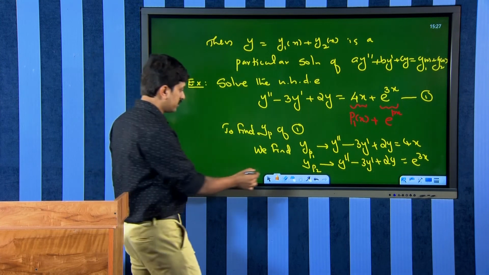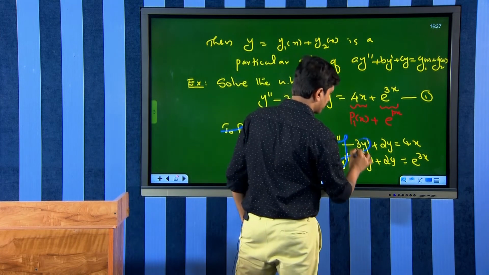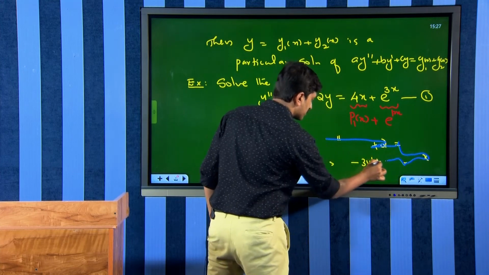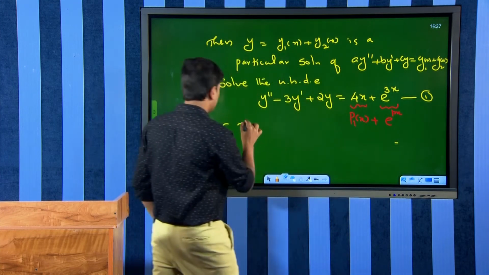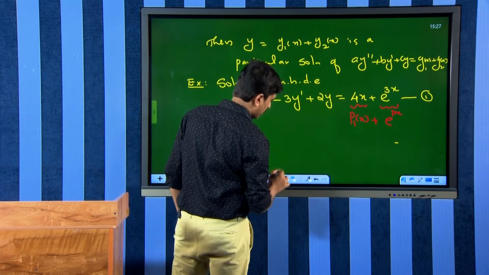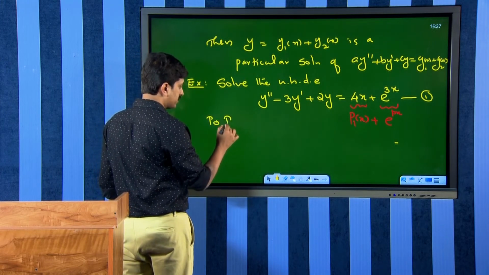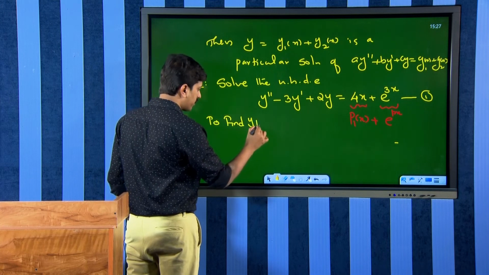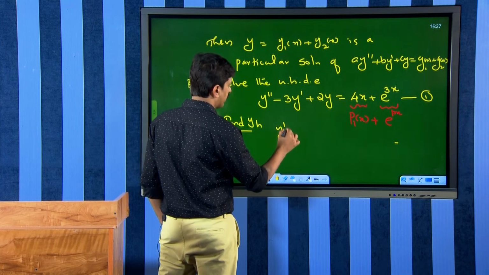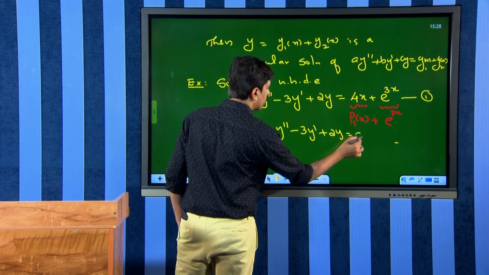You can find YH, the solution of the homogeneous part, from y double dash minus 3y dash plus 2y is equal to 0.